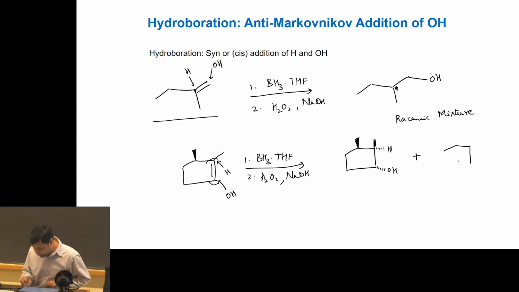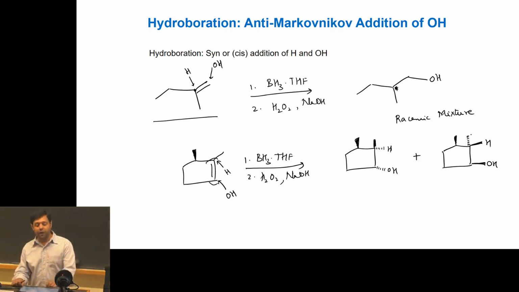The other product you can get is both the hydrogen and the OH on the top, which means the methyl group at this carbon is at the bottom. Now if you take a look at both these products, you have 3 chiral centers in each one of them.